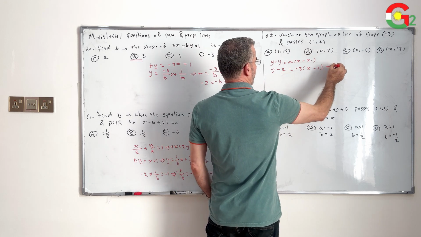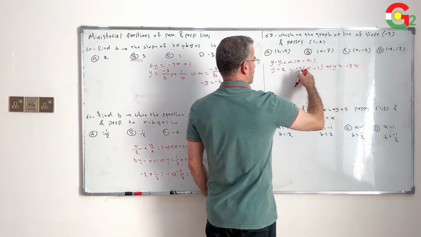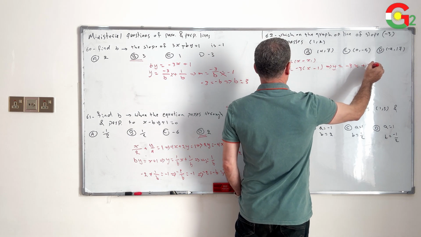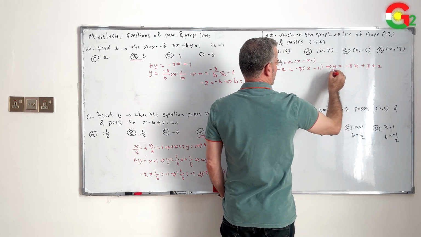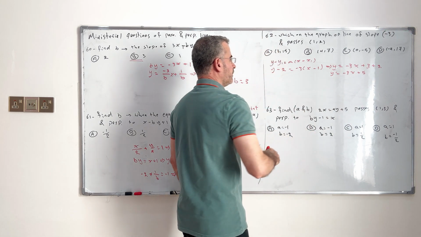Simplify: y equals negative 3x plus 3 plus 2, so y equals negative 3x plus 5.